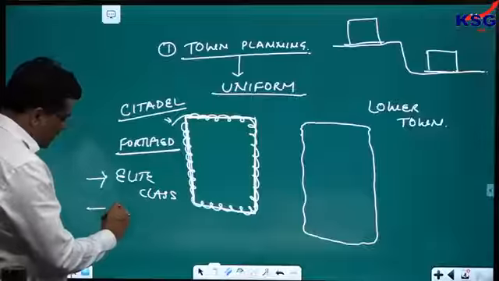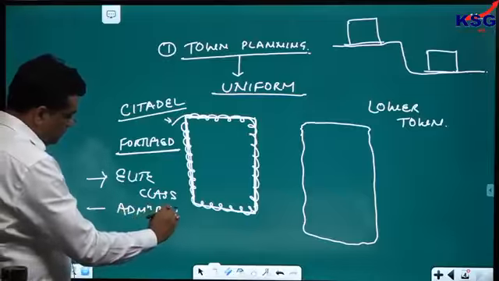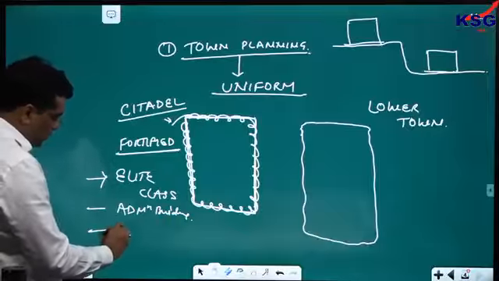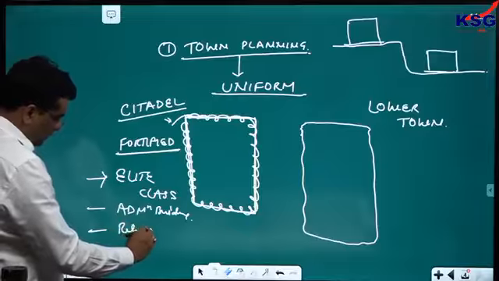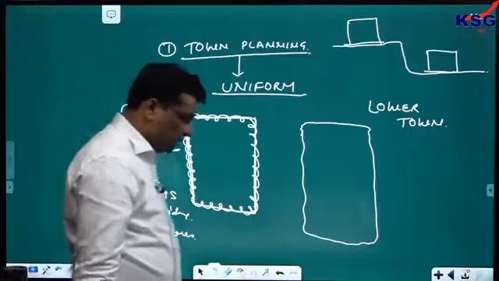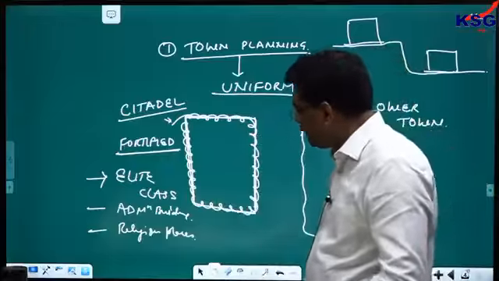There was an administrative building. There were religious places. So what are the three things that you observe here?